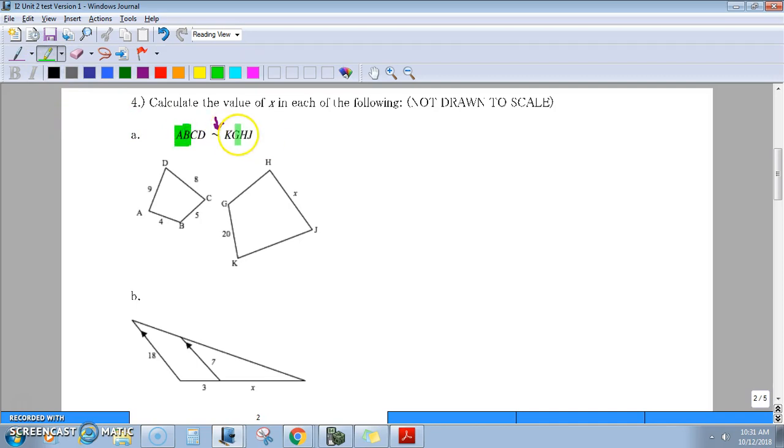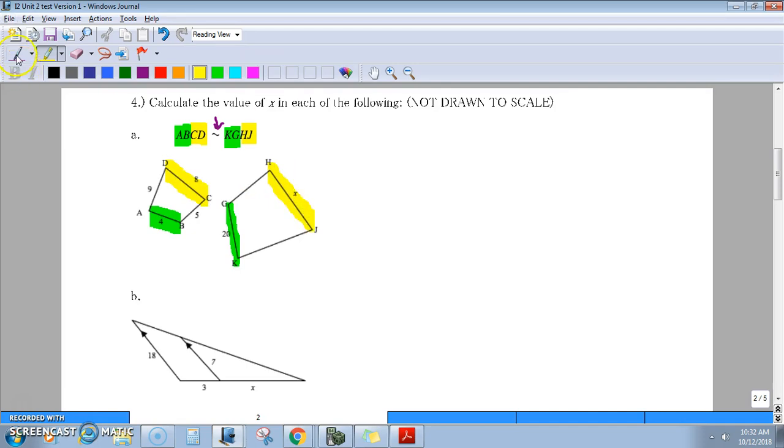So if this is AB and it corresponds to KG, that means this would be a green side and KG would be a green side. And then we have HJ corresponds to CD, and that's this side and this side.